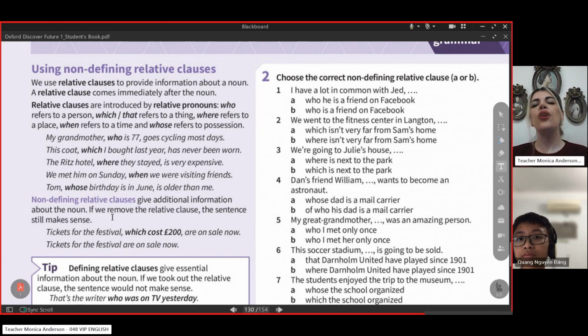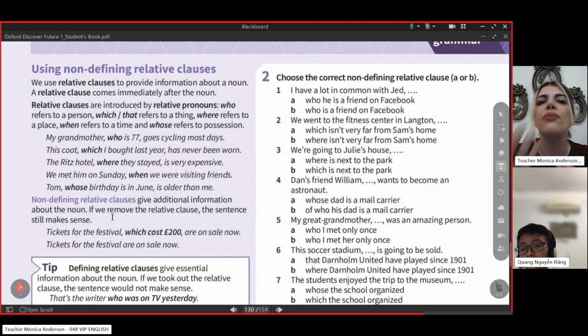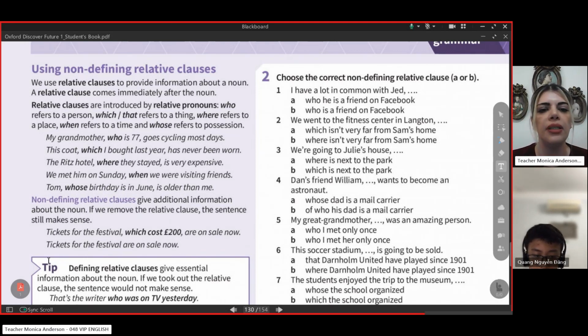Now some of these relative clauses are non-defining. What does it mean? Non-defining relative clauses give additional or extra information about the noun. They're not really essential, so we can remove them. If we remove them, the sentence still makes sense, so you can understand the meaning. For example, tickets for the festival, which cost £200, are on sale.